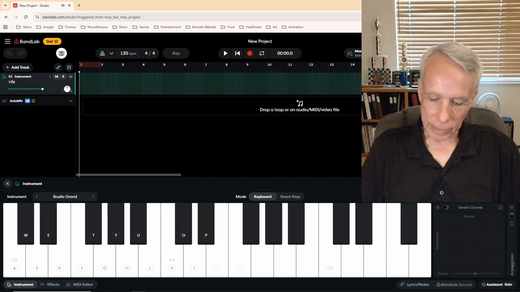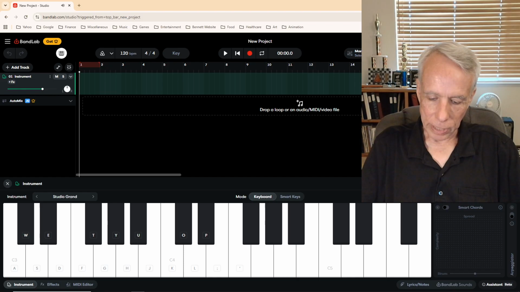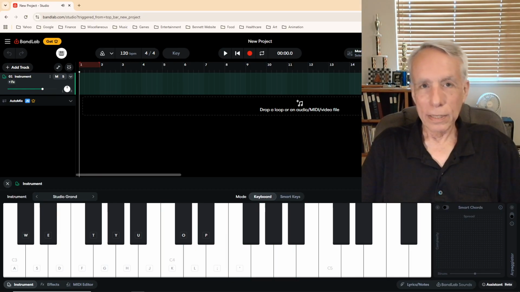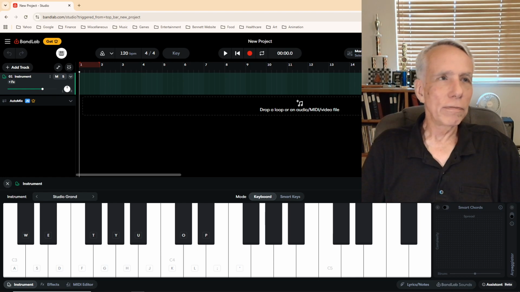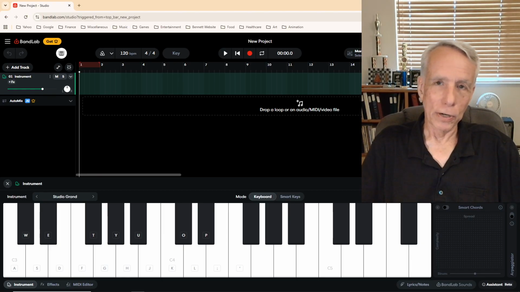And what Hank does in this song, though, is rather than going directly from C to F, he does that sometimes, but sometimes he uses the trick of going from C to C7th and then to F. And you can see that gives a little more force to the transition because the C7 wants to resolve to F. And what's happening is that if you were to take the point of view of the F major scale, C7 is the dominant seventh that makes you want to go back to the one chord, which is the F major chord. So it's a nice way of transitioning you to another chord.